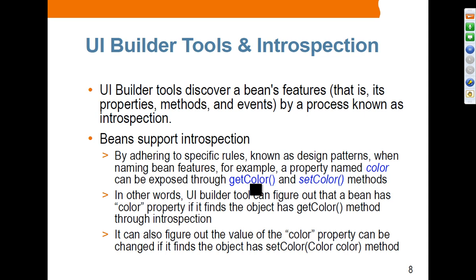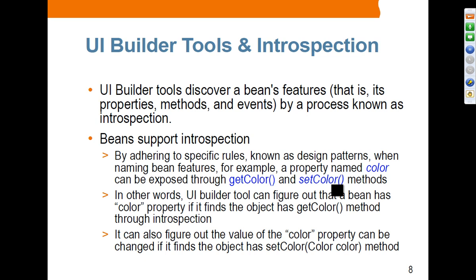Now, if it finds that there is a getter method, like getColor, then it figures there is in fact a color property. So the UI Builder tool can read the color property by calling getColor. If it finds that there is a setColor method, then it also figures it can change the value, because it can call the setColor method to change the value.